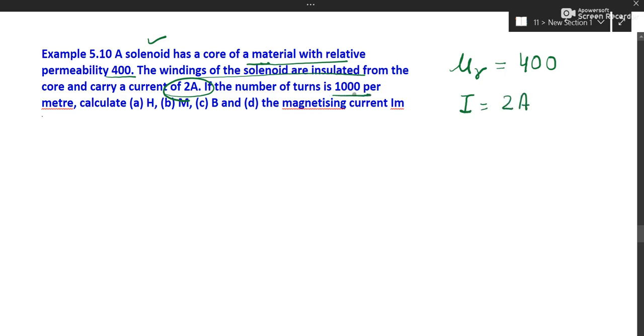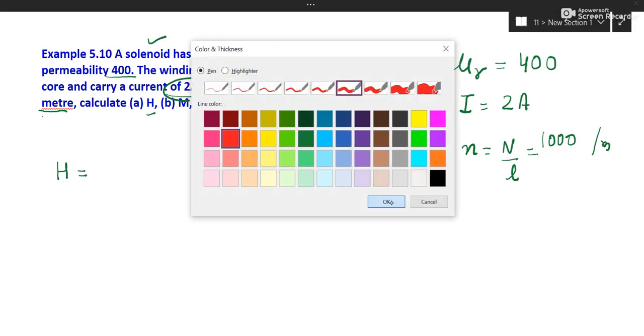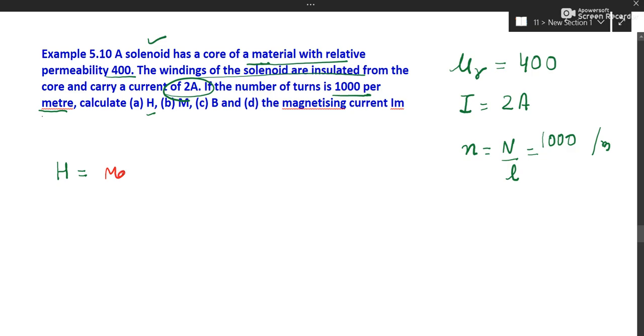The number of turns per unit length per meter is given. So this is small n, which is N by L, equal to 1000 per meter, same unit. We'll have to find out H. If you know what is H by the standard notation, then this is the magnetizing field intensity.